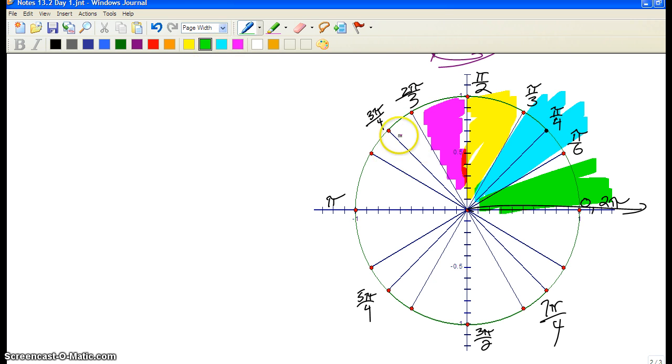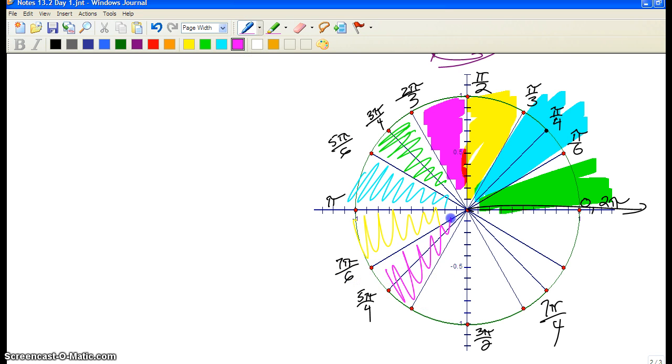Then we have 5/6. 5/6. I should write that. 5 pi over 6. Then we have 6/6, right? 7/6. We write that down because that doesn't have a label. 7 pi over 6. 8/6, right? Which reduces to what?